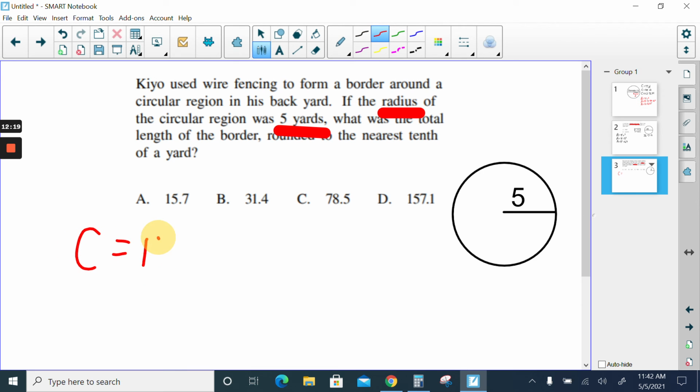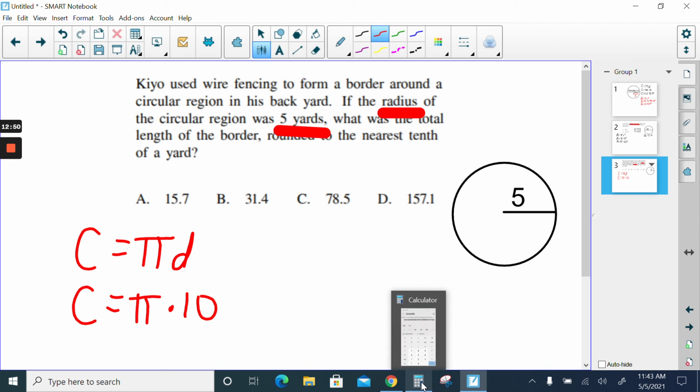Circumference equals pi times diameter. Or I probably could say, you know what, it's just 2 of my radii, 2 of this radius that I have here. This is 5 going across. Going across would be another 5 if we were to continue that line. So my diameter in this problem is 10. So all we need to do is take pi and multiply it by 10.